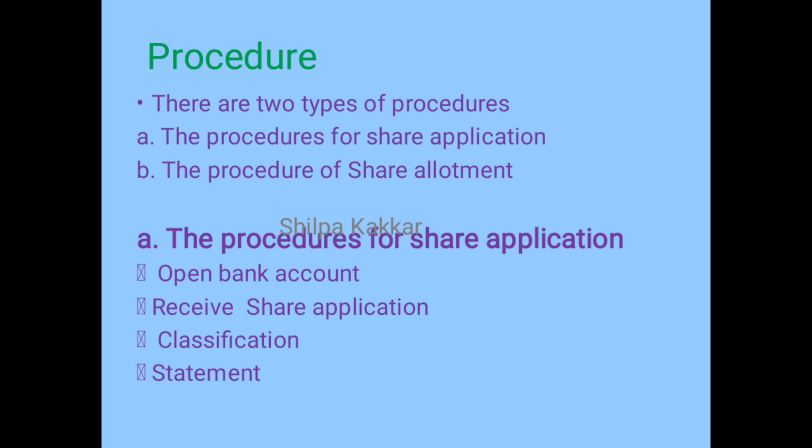Here, the investor will deposit the duly filled in share application form along with all details, signature and a copy of PAN. PAN means permanent account number, to brokers who deposit the application forms to banks recognized for the ASBA process, so that the share application money can be blocked in the respective bank account of the applicant.